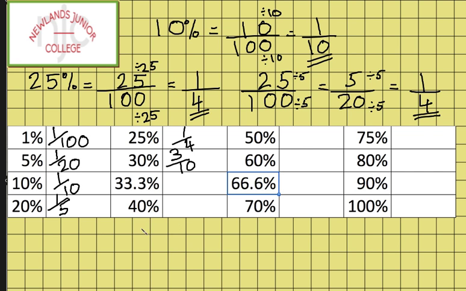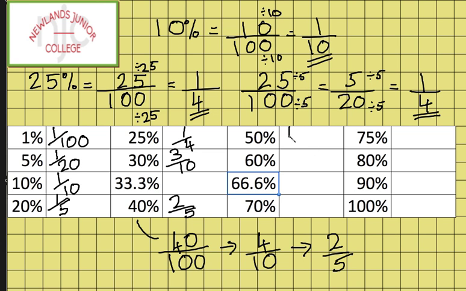In fact, let's show you this one here, just as an example. 40%, well that's going to be 40 out of 100. That would then become 4 over 10. And eventually, you would get to 2 over 5. So 40%, well that's 2 out of 5.